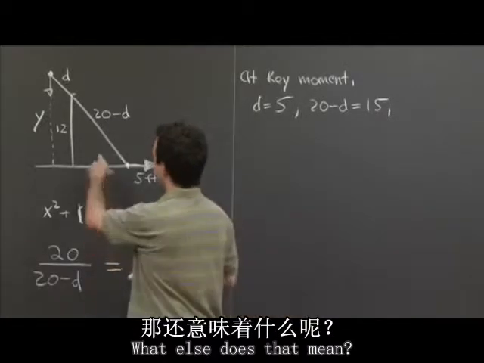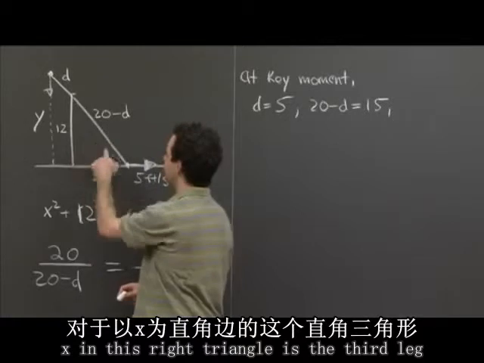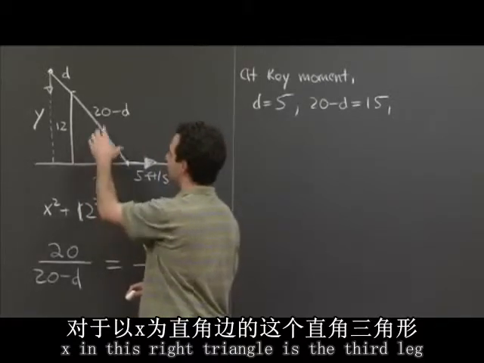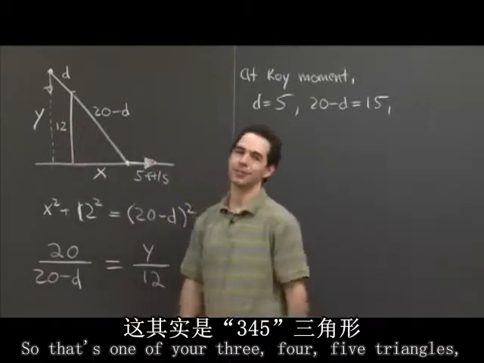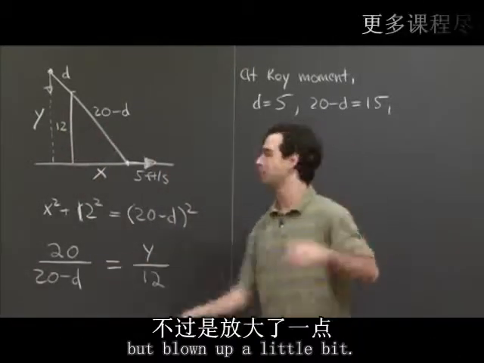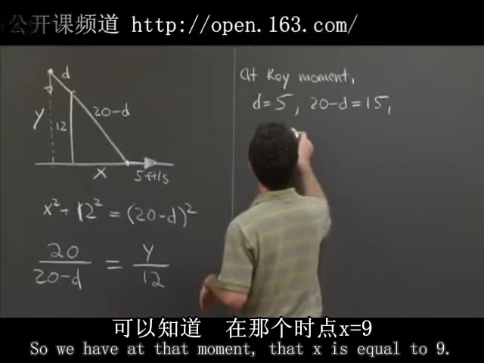What else does that mean? That means that at that moment, x in this right triangle is the third leg in a right triangle with hypotenuse 15 and one leg 12. So that's one of your 3, 4, 5 triangles, but blown up a little bit. So we have at that moment that x is equal to 9.